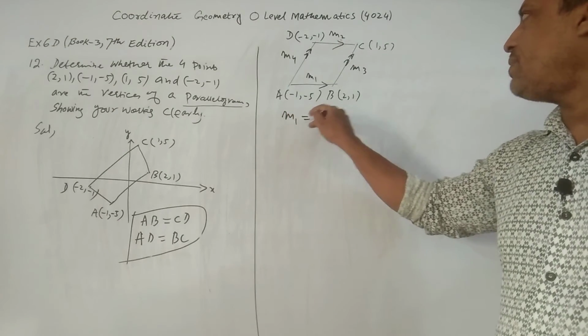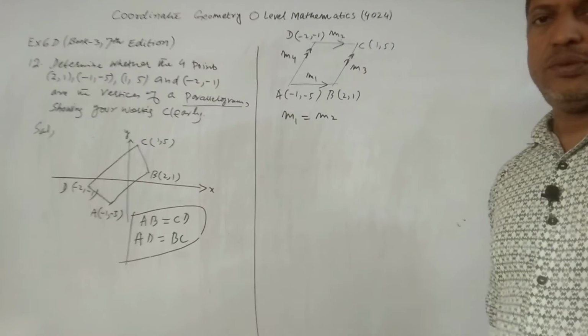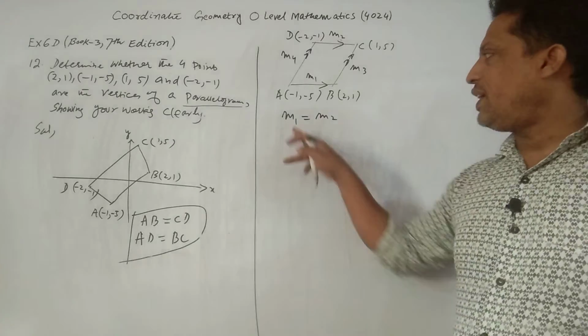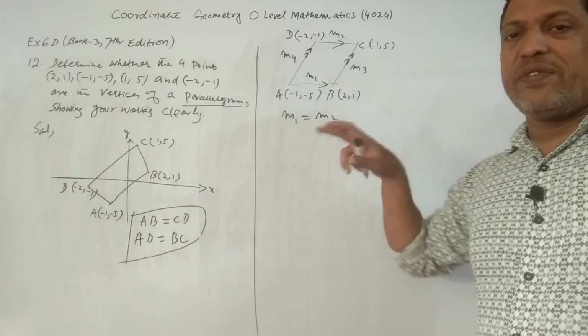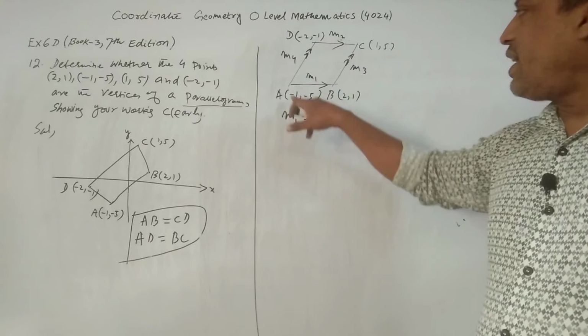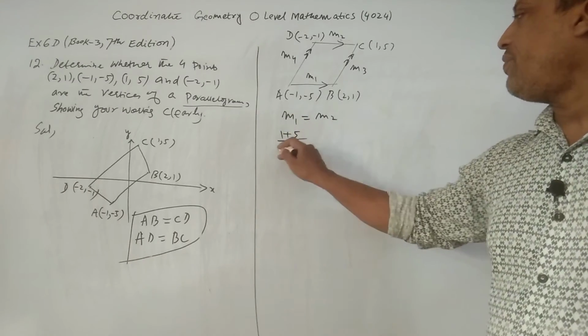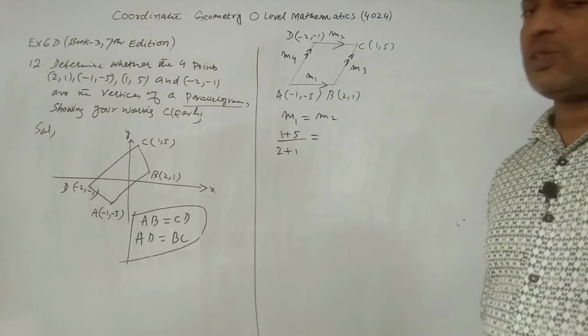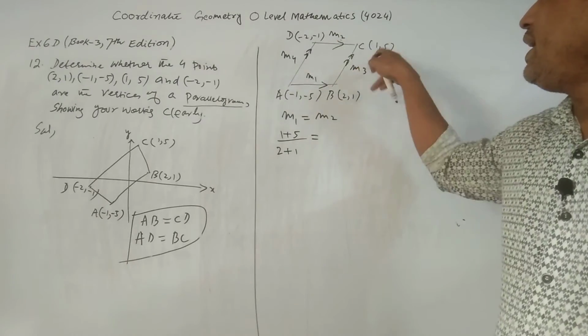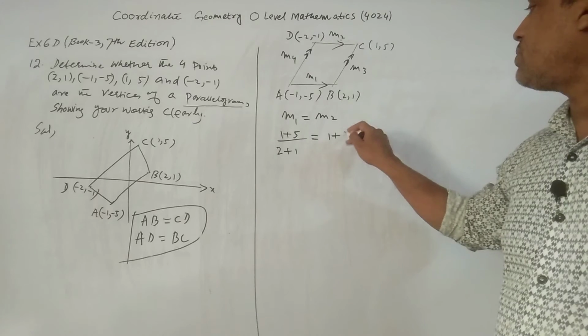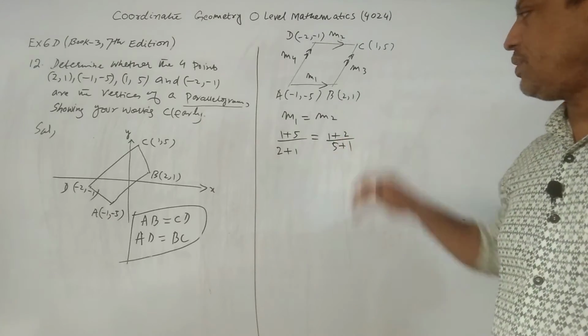So m1 must be equal to m2. Now we have to check whether these two gradients are equal or not. m1 is the gradient of AB, therefore 1 plus 5 over 2 plus 1 is equal to m2, the gradient of CD, 1 plus 2 over 5 plus 1.